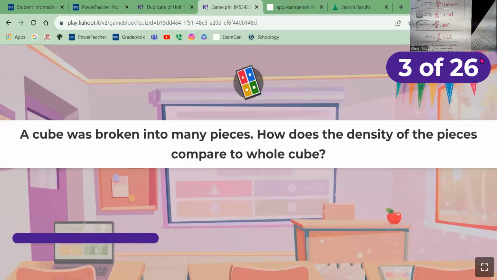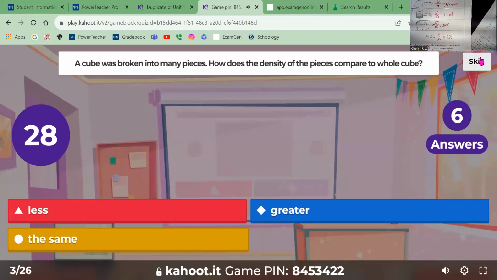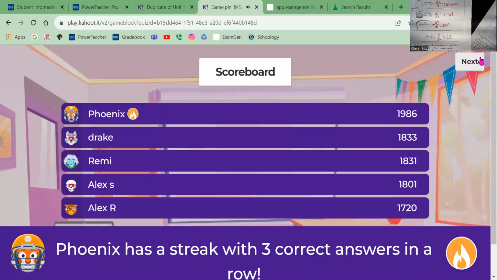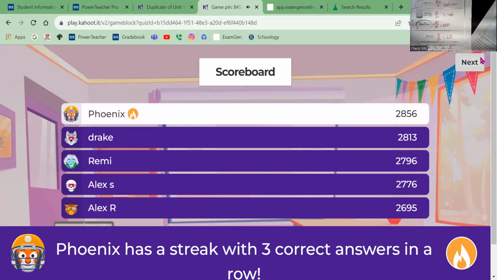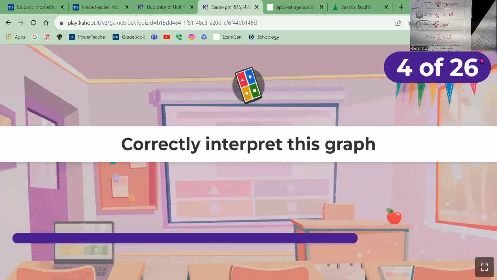A cube was broken into many pieces. How does the density of the pieces compare to the whole cube? Perfect. Correctly interpret this graph.